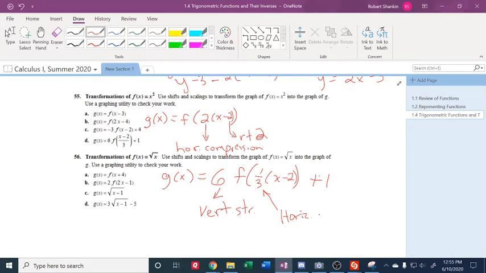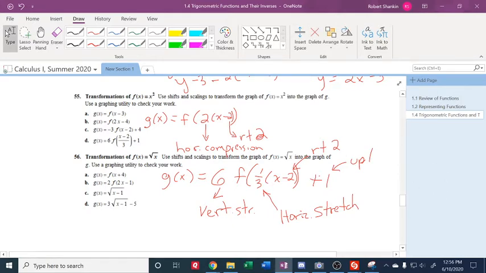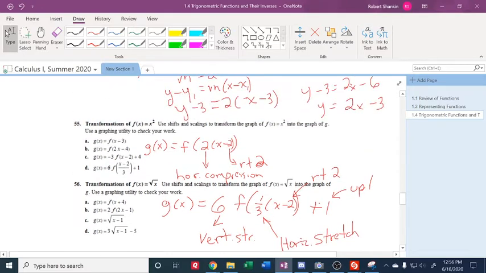So 1/3 is a horizontal stretch. Stretches it out. And then this is sending us to the right 2. This sends me up 1. So those are all the transformations of y equals x squared for this one.